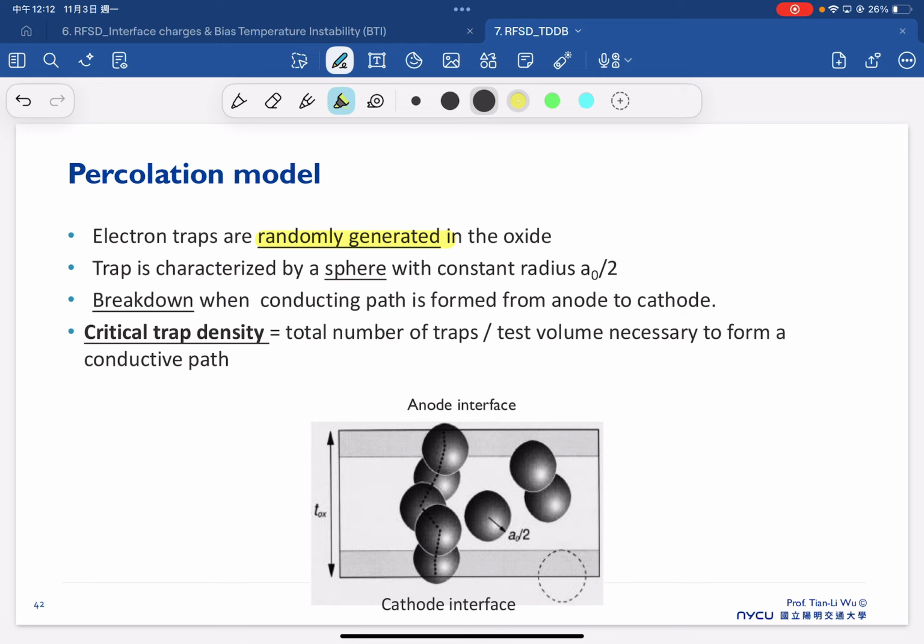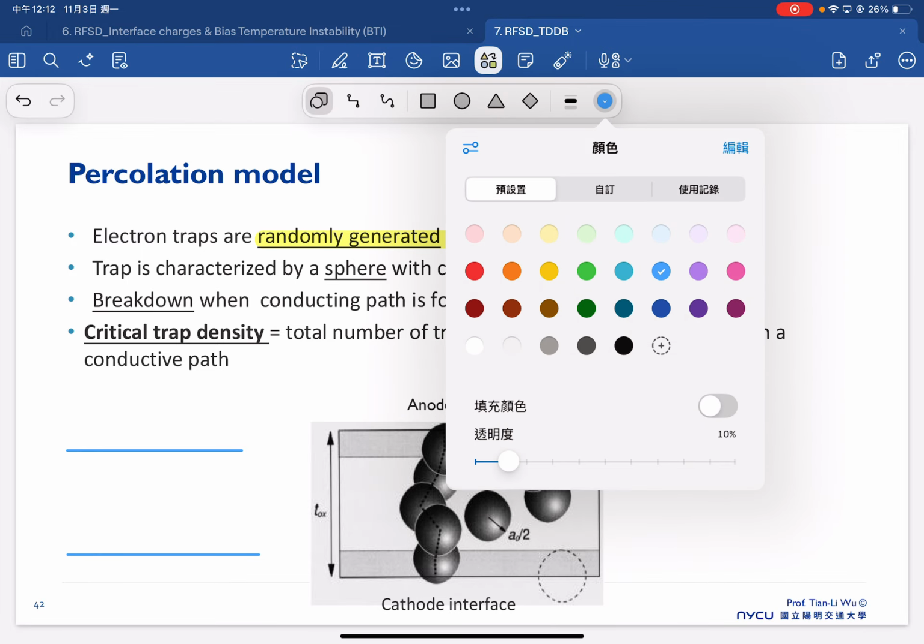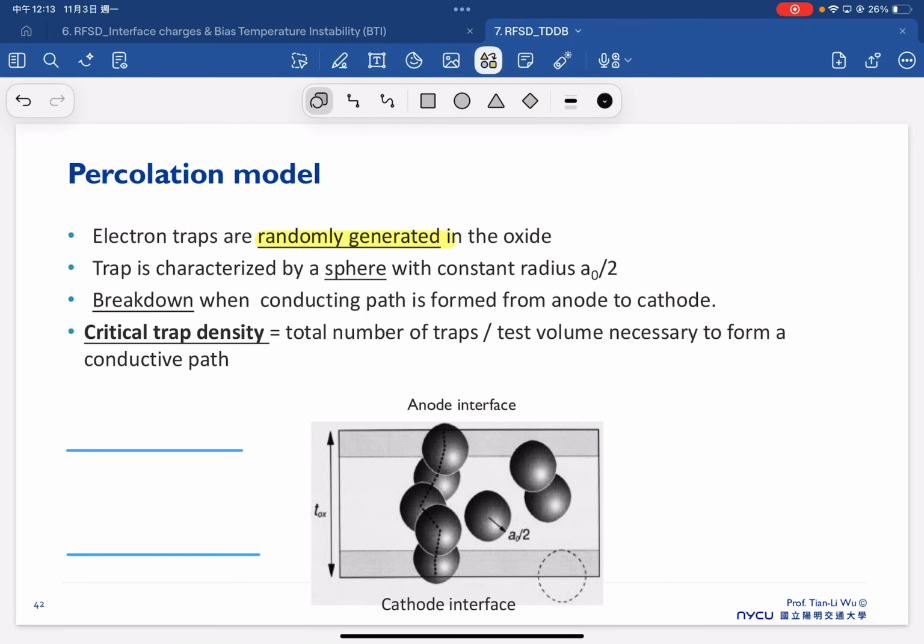If you think about this as your dielectric, we might start to generate a defect in this place because our defect is randomly generated. We don't know where the defect will be generated, but we know it will be generated. It can be in the first place, or the second, next, third, fourth.